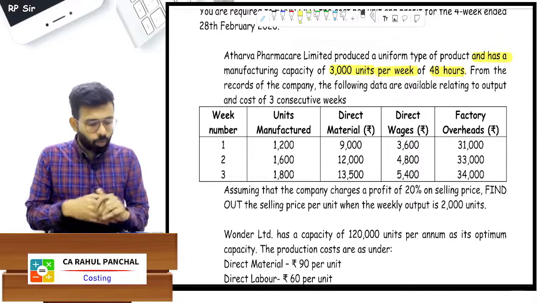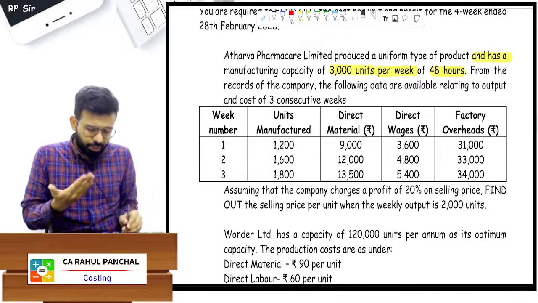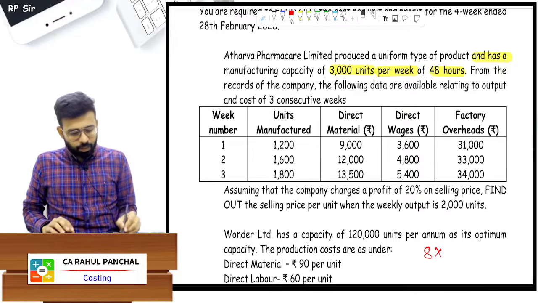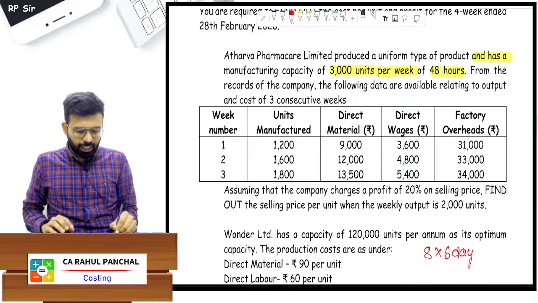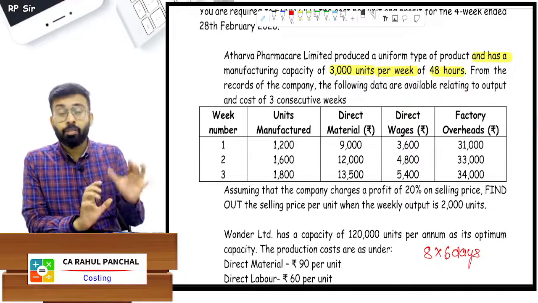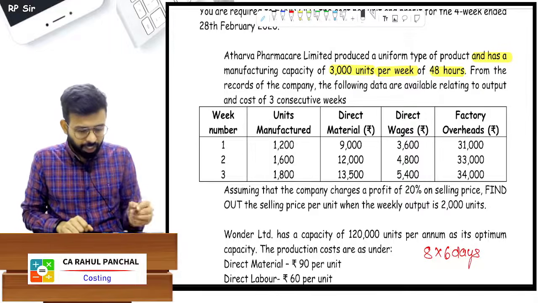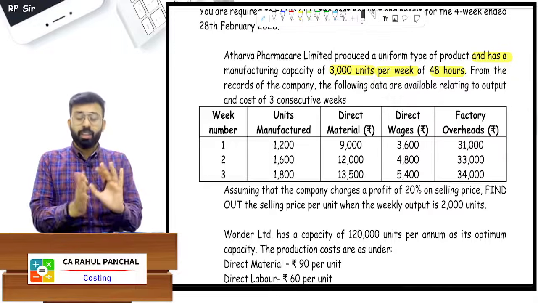How did you get 48 hours? Generally the company works for 8 hours every day, and this company works for 6 days, since Sunday is a holiday. So in 1 week, 6 into 8. I just gave you the calculation of how you must have got that 48.